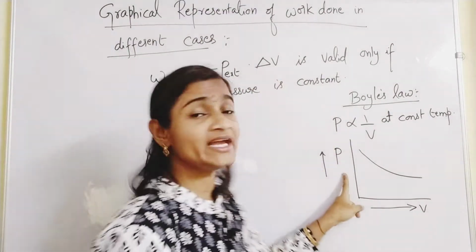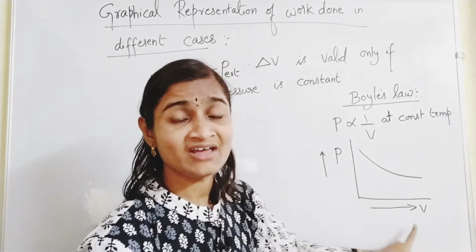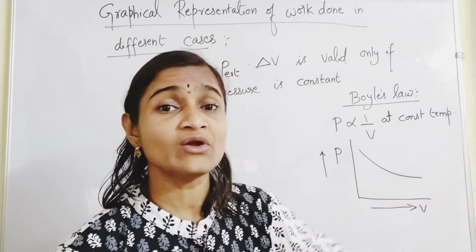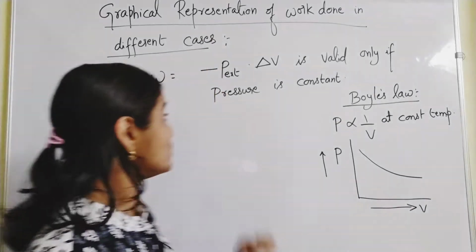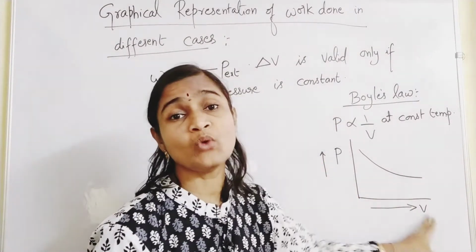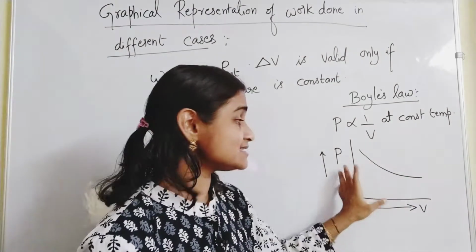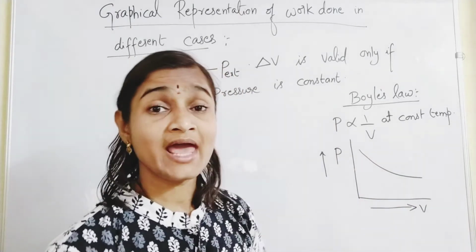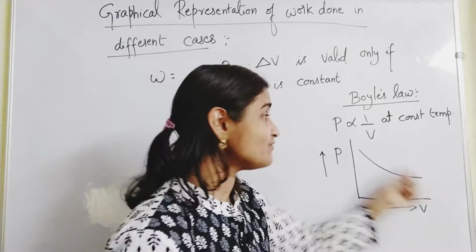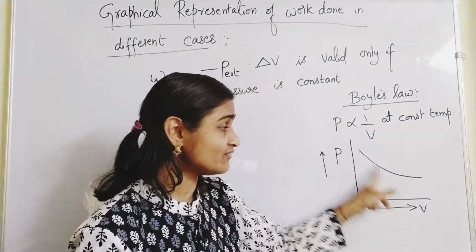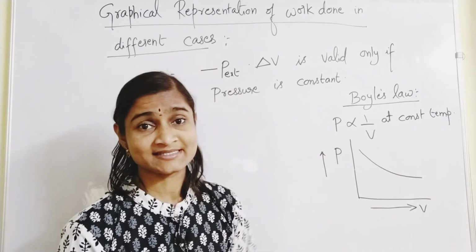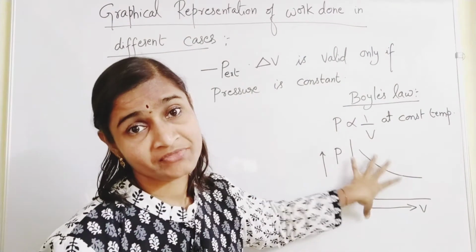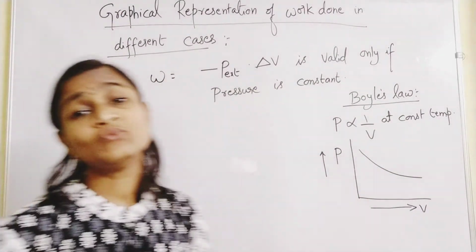So graphs are generally drawn between pressure and volume only, with pressure on the y-axis and volume on the x-axis. If we plot a graph for this statement, we get a descending graph like this. Keeping this into consideration, we will draw the graphs for work done also.